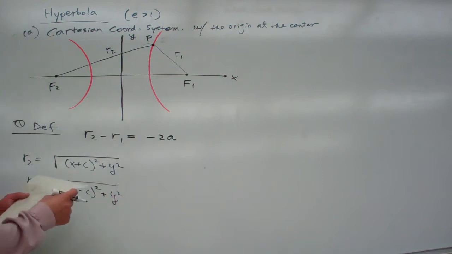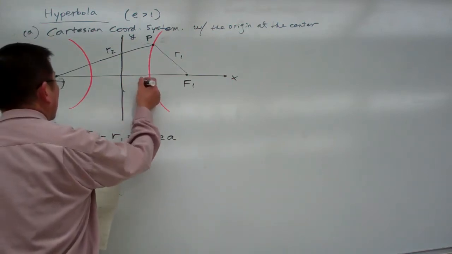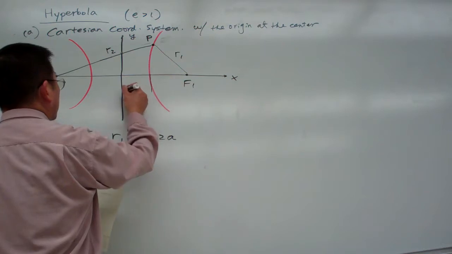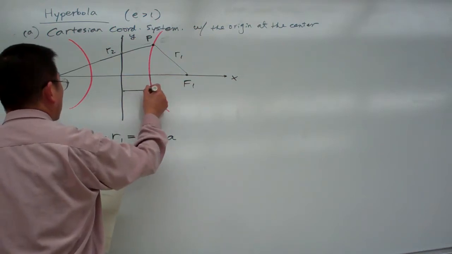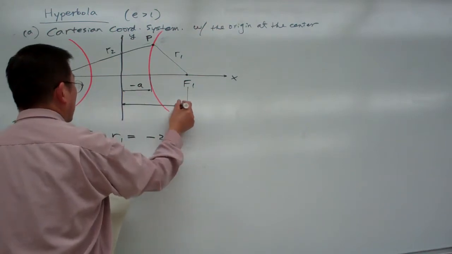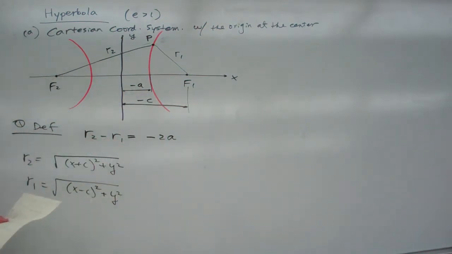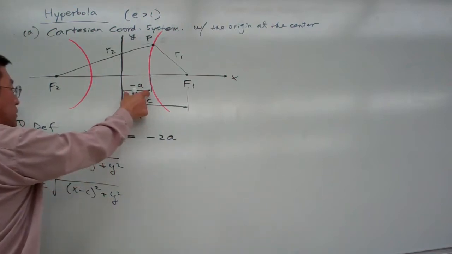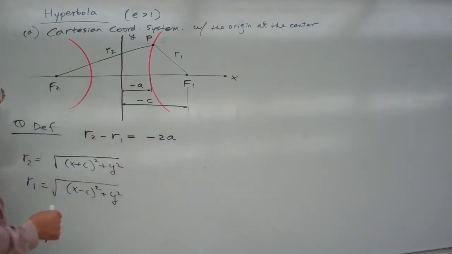And what is c? So let me give you the, so this is minus a, this is minus c. And again, don't feel weird. The distance is always positive. So here a and c have an intrinsic negative value, okay.